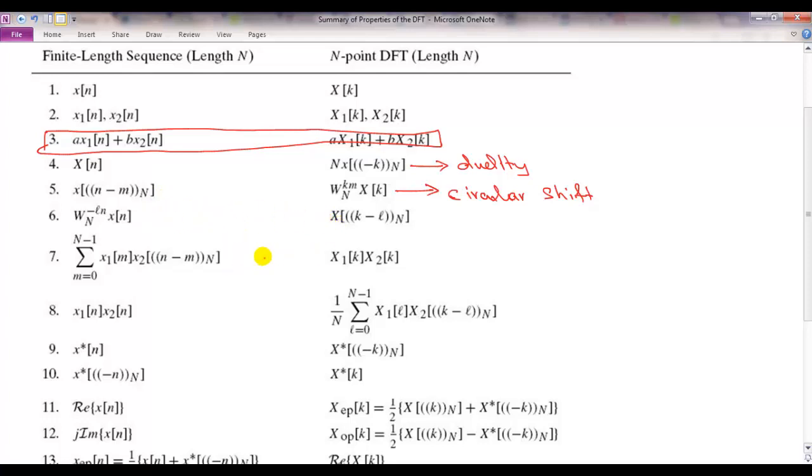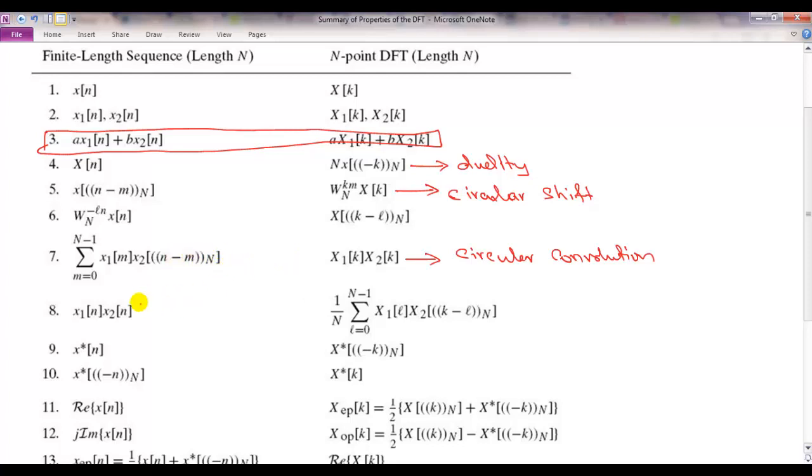This is the property that we just did, the circular convolution property: if you multiply two DFT sequences, that is equivalent to doing circular convolution of the two sequences in time.